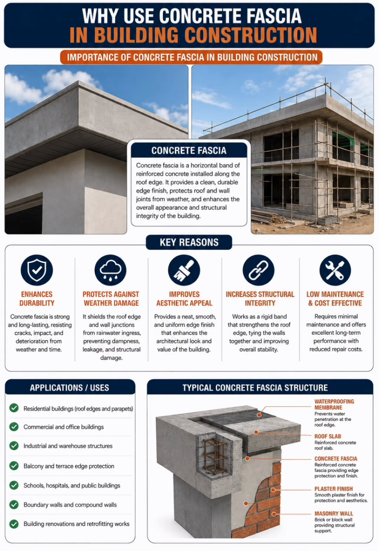Then we also looked at the cross section of your concrete fascia, how it looks, where we talked about the waterproofing membrane, the roof slab, the concrete fascia, the plaster finish, and the masonry work. So all these put together give an insight on concrete fascia.